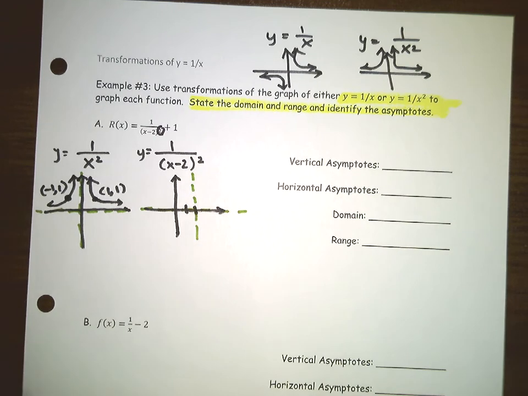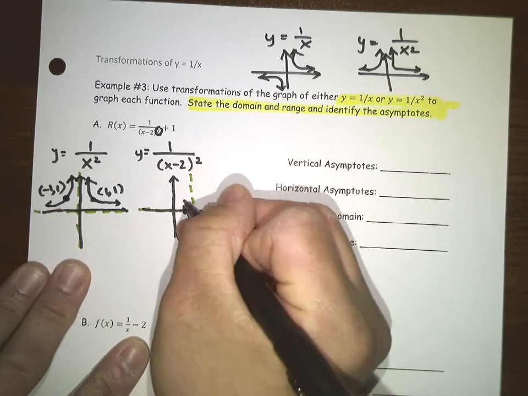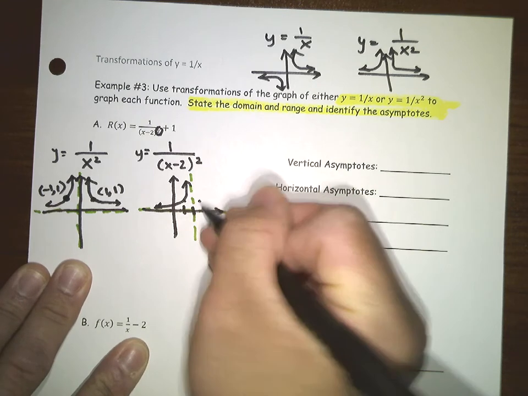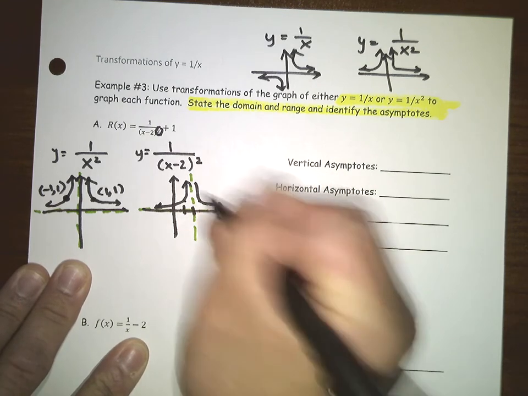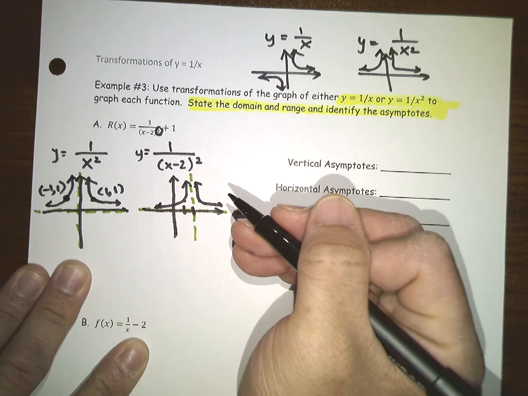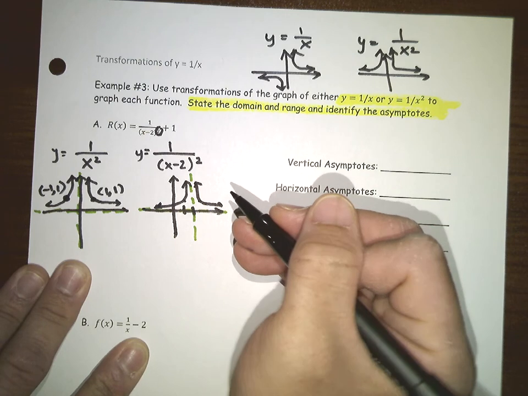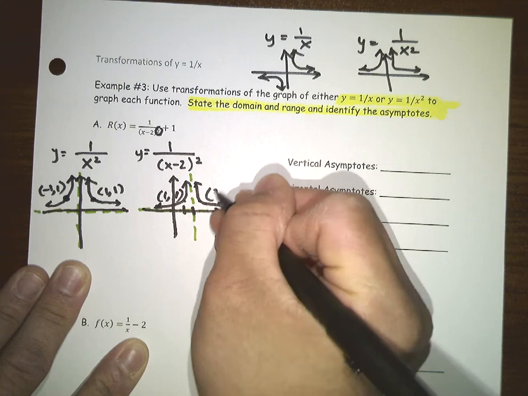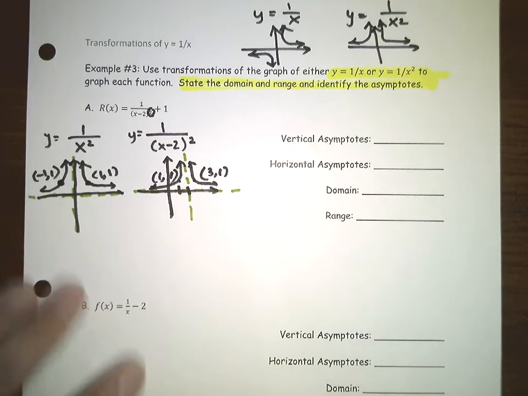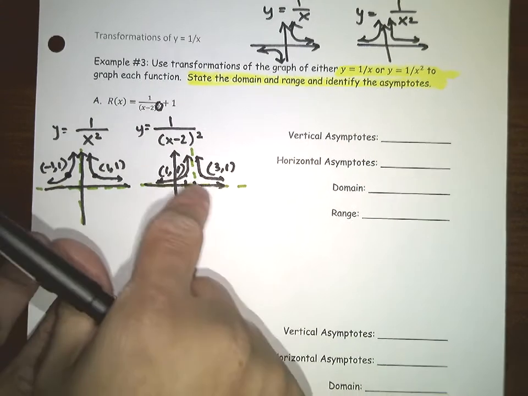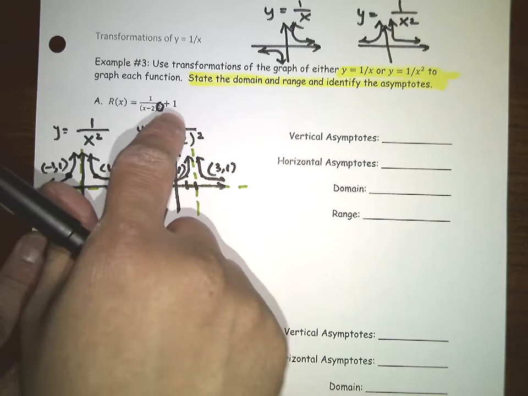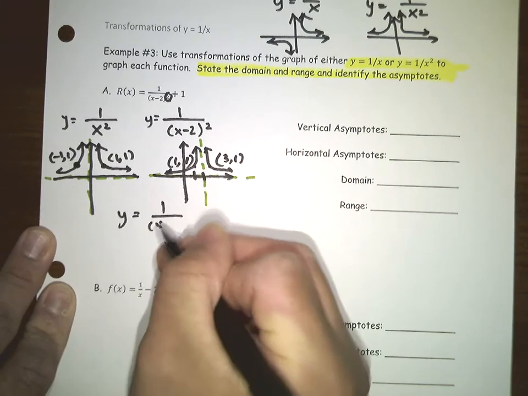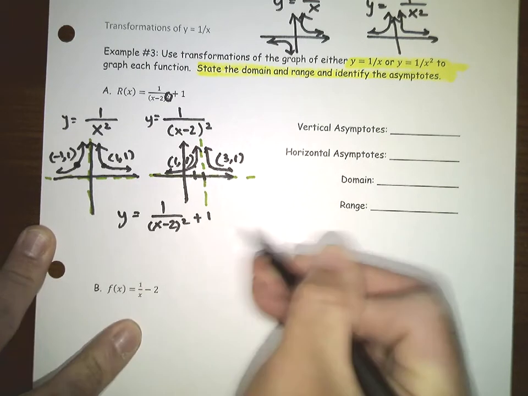So then I see that there's a point at, let's see, yep, at 1, 1, and at 3, 1. All right, so now I have to shift 1 unit up. So y is equal to 1 over x minus 2 squared plus 1.